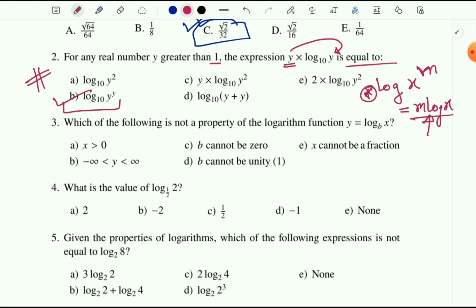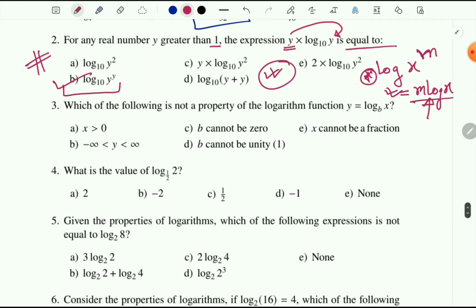But if you know the basics, then definitely you can solve them. That is why I included these comparatively easy problems, but they show whether you know this formula or not.